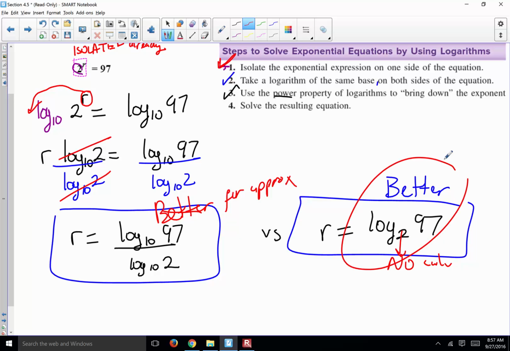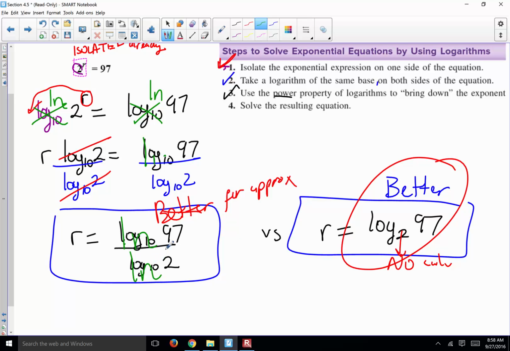But if you go with this one already, can you still make it logarithm base 10? Yes, you can, with the change of base formula. And by the way, you can also choose ln. If you don't like logarithm base 10, your calculators can also do ln. So go with ln, then your answer will be ln of 97 over ln of 2.